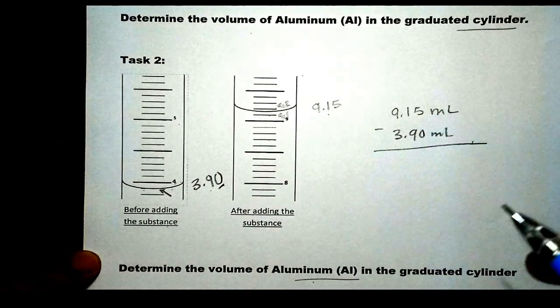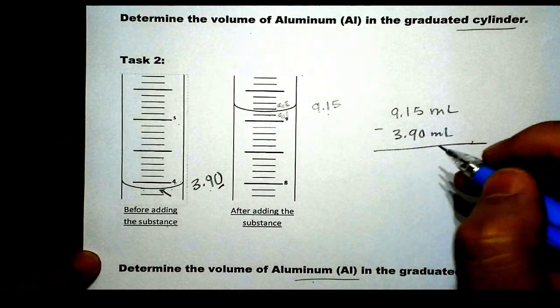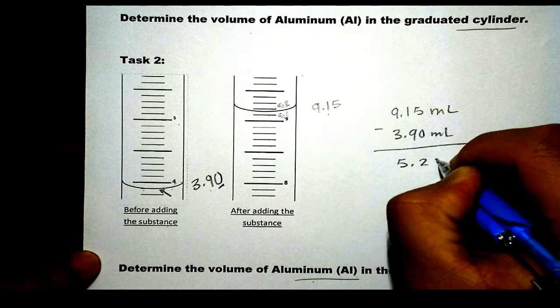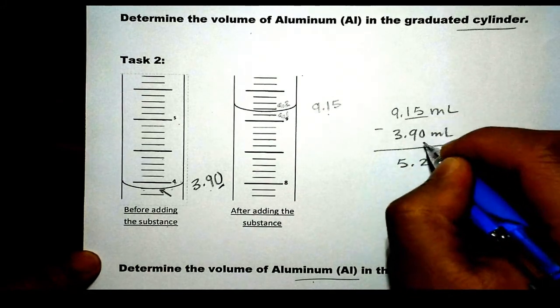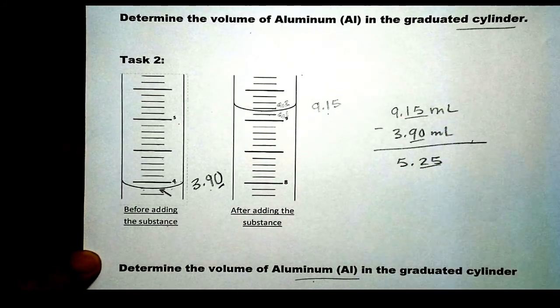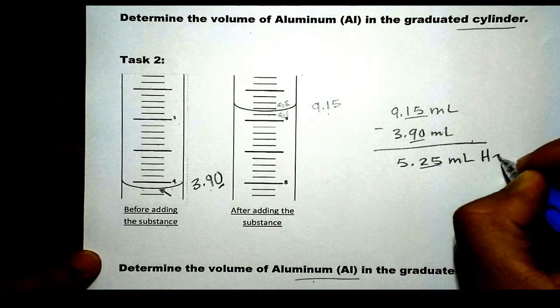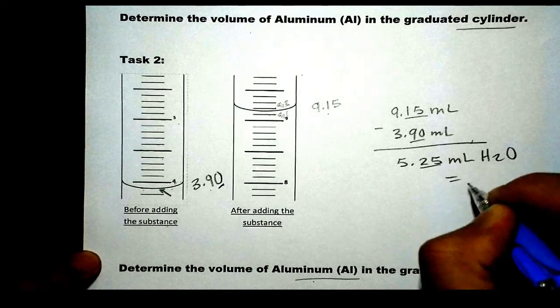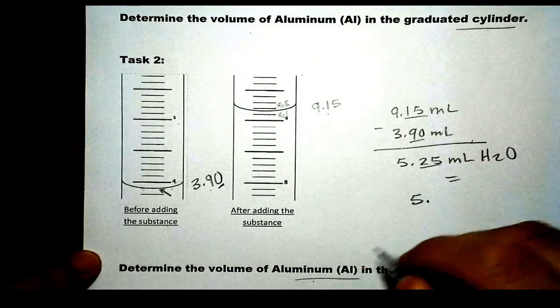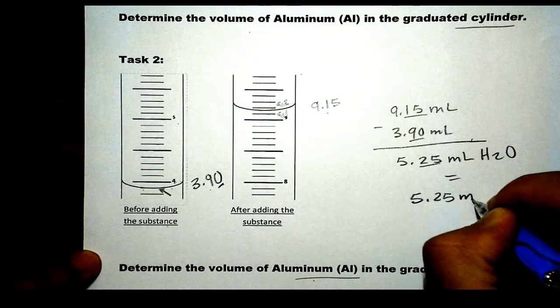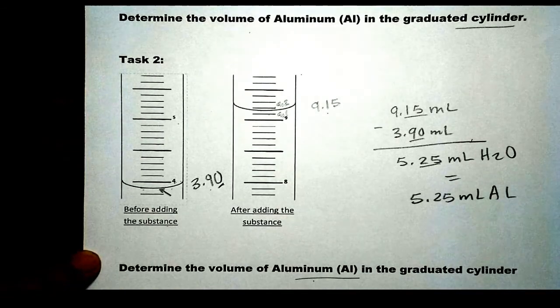And that will give us the volume of aluminum, 5.25. Notice how this is 2 decimal places and this is 2 decimal places. Therefore, this must also have 2 decimal places. So 5.25 mL of H2O being displaced, which is equal to the volume of aluminum as well. Isn't that easy?